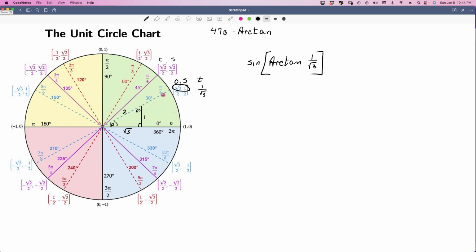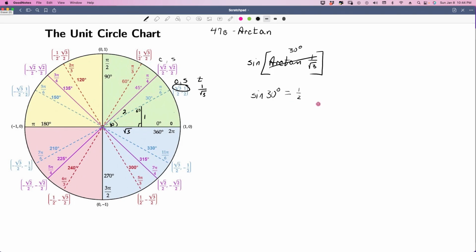And it just happens to be the angle we already did, which was a 30-degree angle. So this arctan here all cancels out to be 30 degrees. So what we want is the sine of 30 degrees, and that is equal to 1 over 2. That's literally the answer. That's how you would solve one of these.